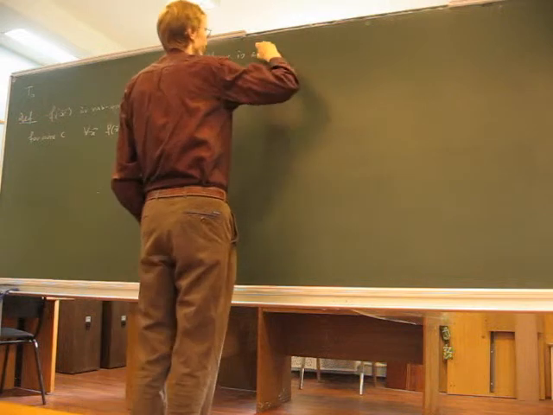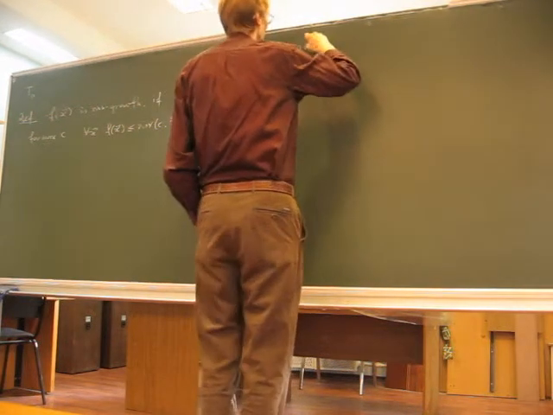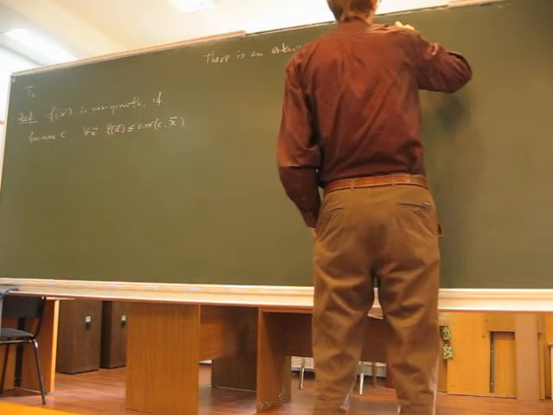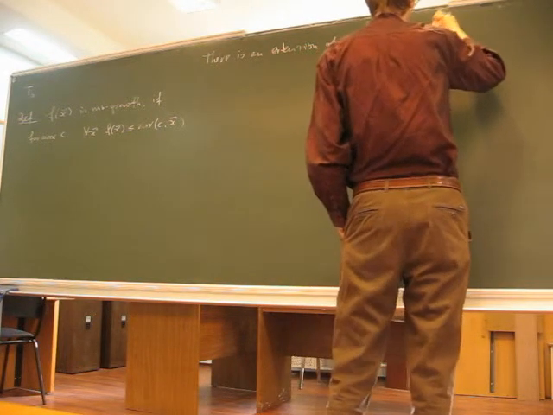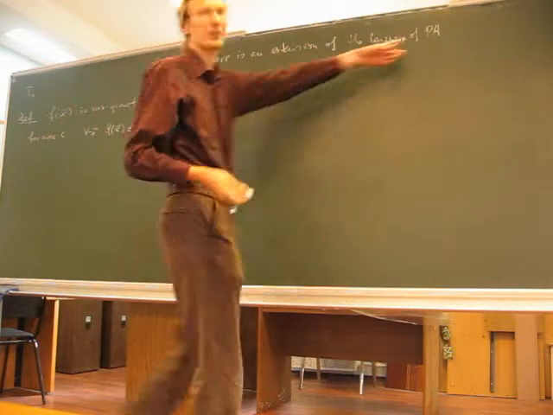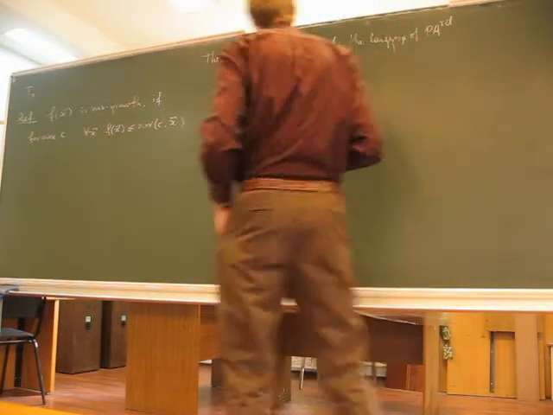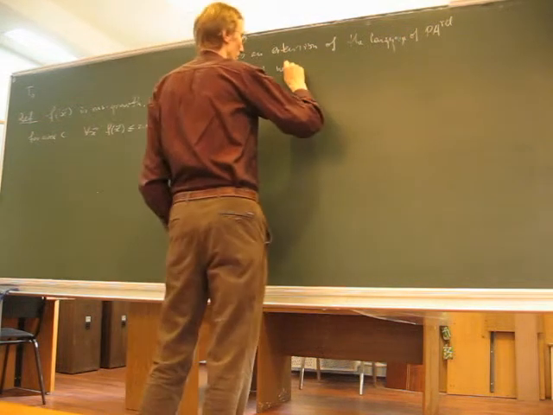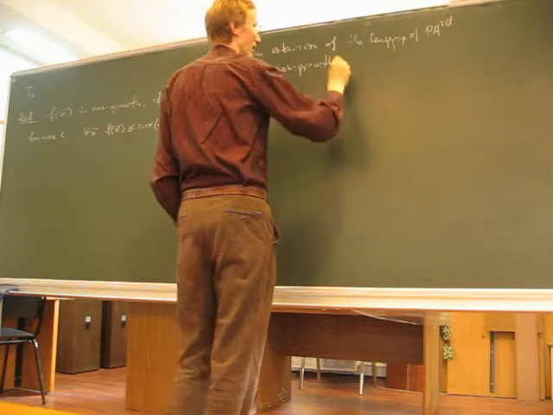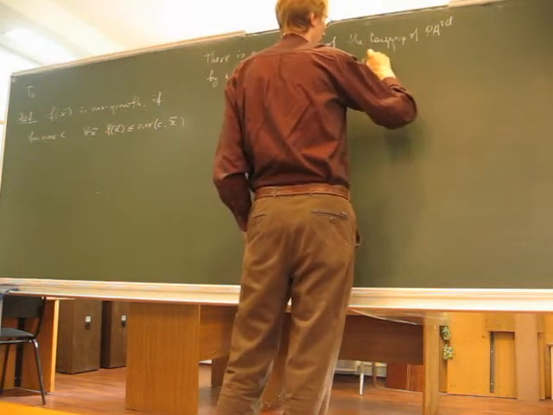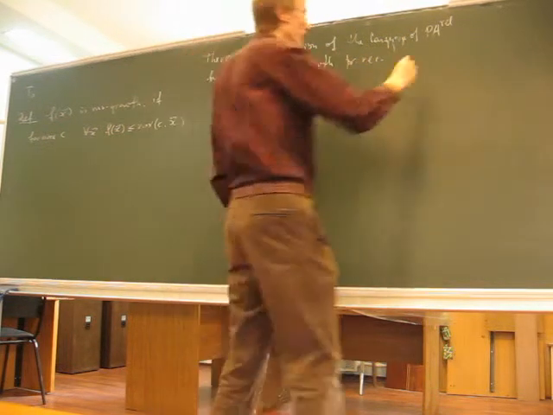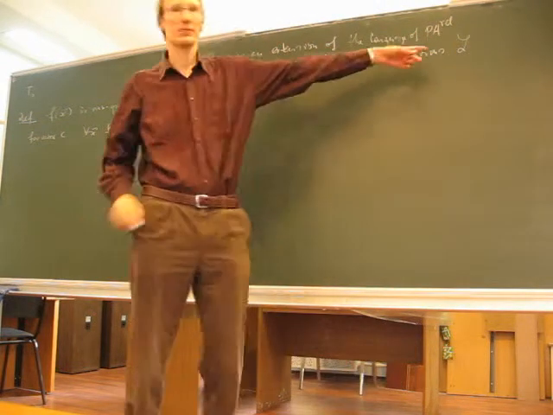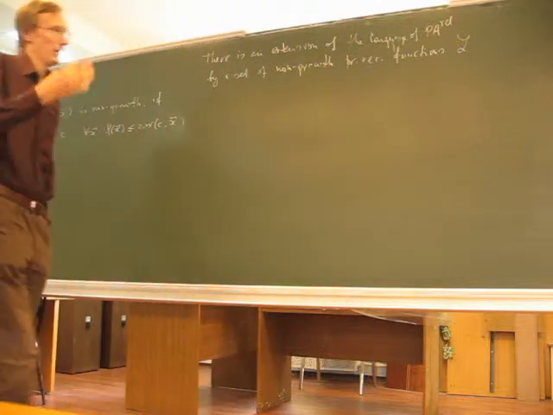There is an extension of the language of PA, of relational PA, let's say, by a set of non-growth, let's say primitive recursive non-growth functions. So the set of these functions will be denoted L, satisfying certain properties.